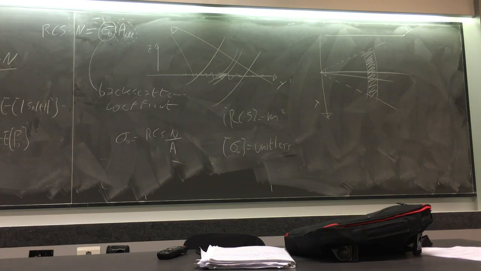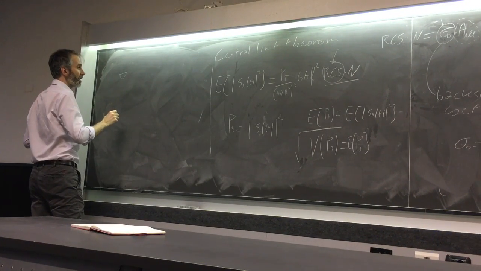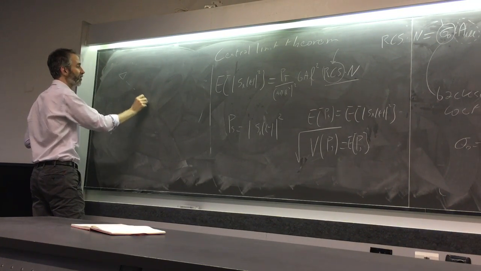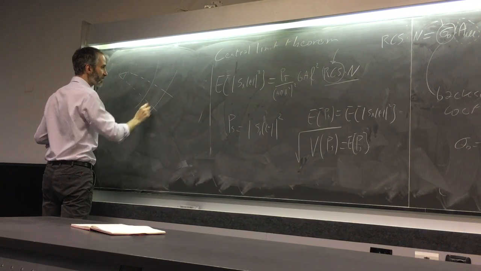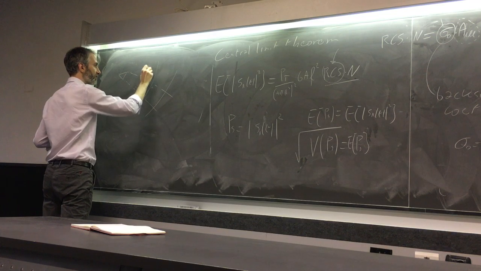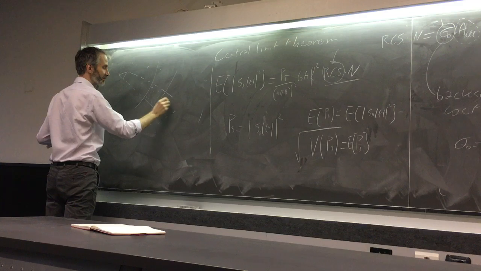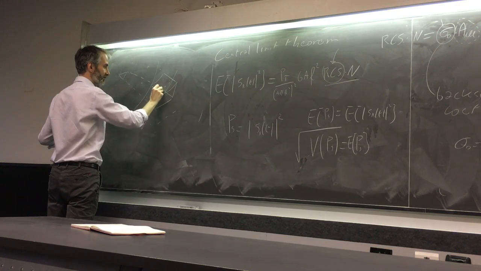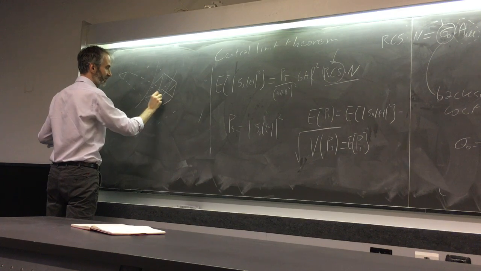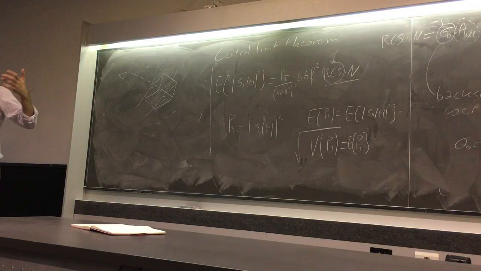But if you assume that you are, for example, receiving the signal from the rain, so this is your resolution cell, and you have many raindrops, then for a single time instant, you get the signal from a small volume.